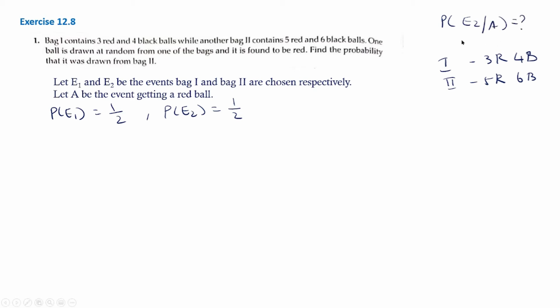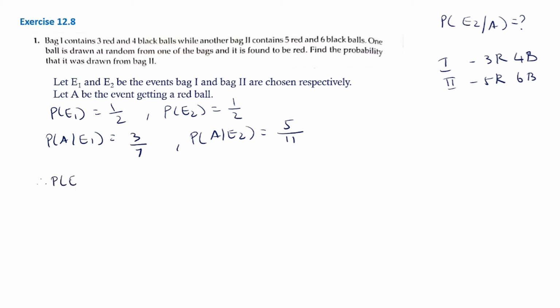Now using Bayes theorem we can find this probability. Before that let us find probability of A given E1. Probability of A given E1 is drawing a red ball from the first bag, so it is 3 by 7. And probability of A given E2 is drawing a red ball from the second bag. It is 5 by 11.